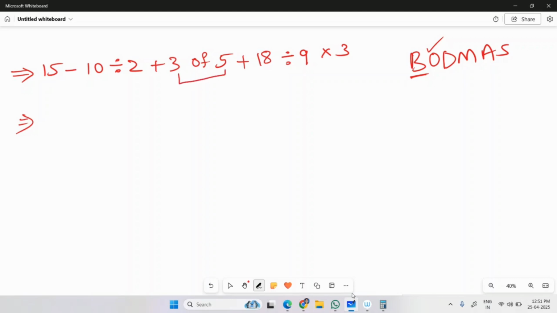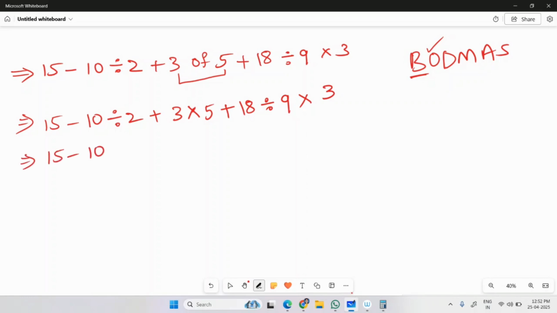So 3 of 5 can be written as 3 times 5, which is 15. So this becomes 15 minus 10 divided by 2 plus 15 plus 18 divided by 9 times 3.